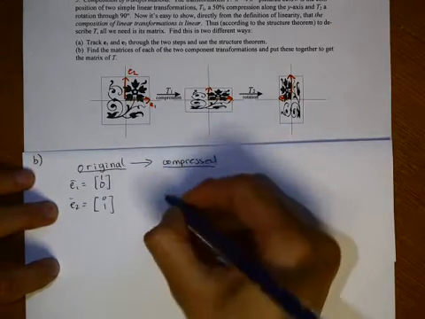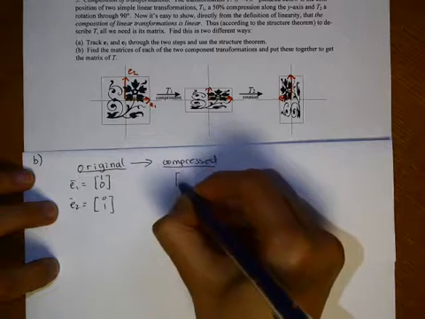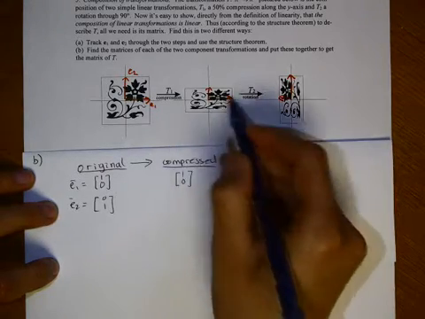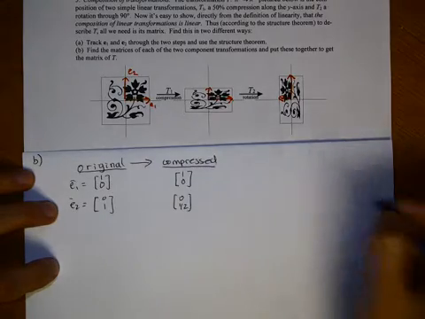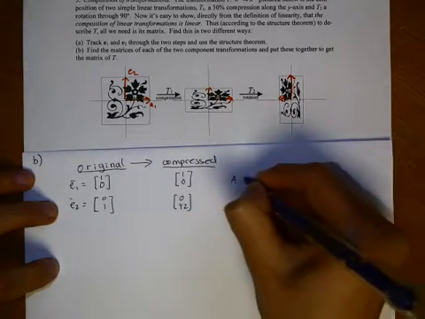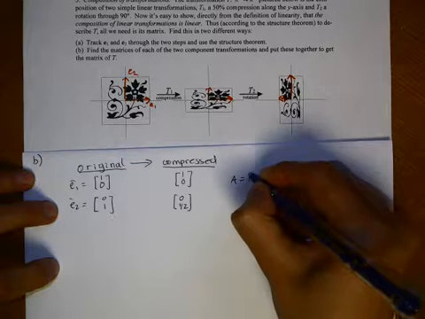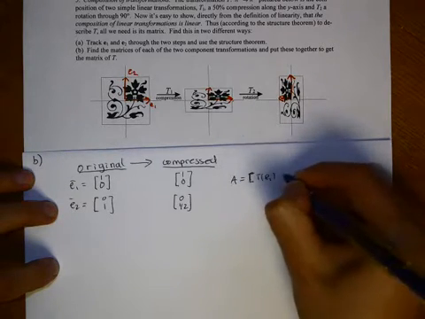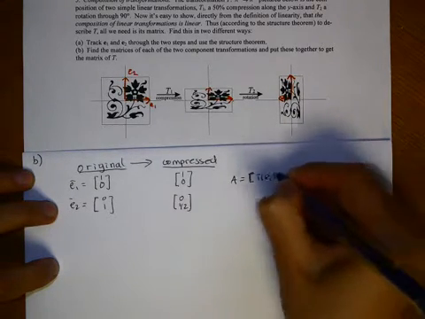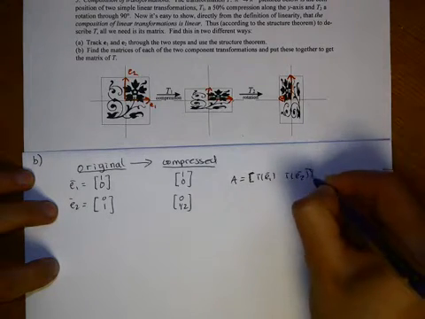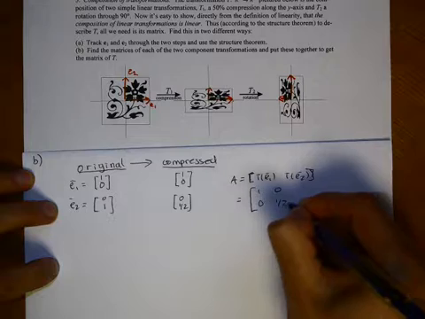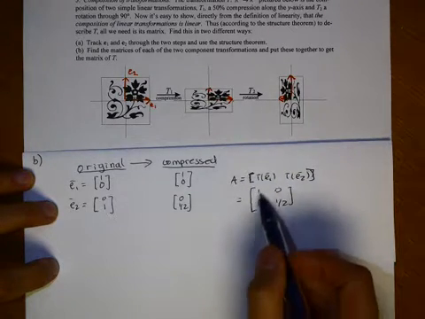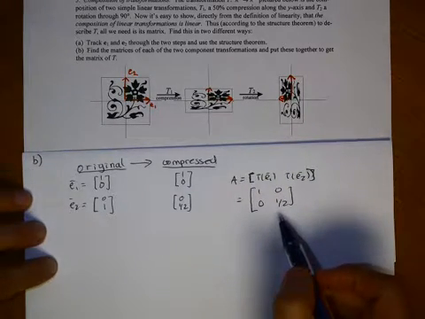And now to go to the compressed, we end up with (1, 0) still for our E1 vector, and (0, 1/2). So the matrix for this one transformation using the structure theorem is this. So we have our transformed E1 vector and our transformed E2 vector.